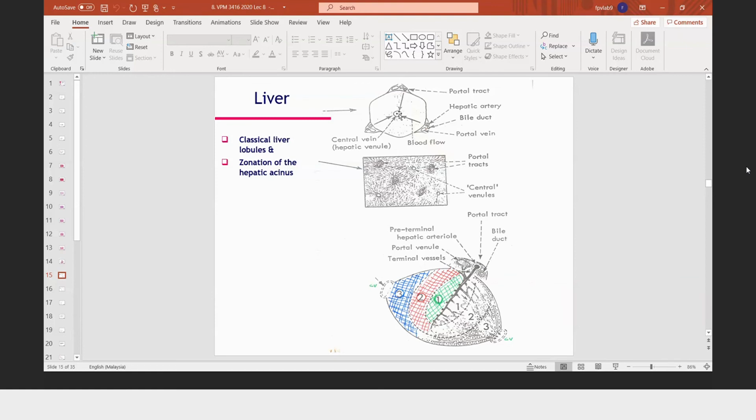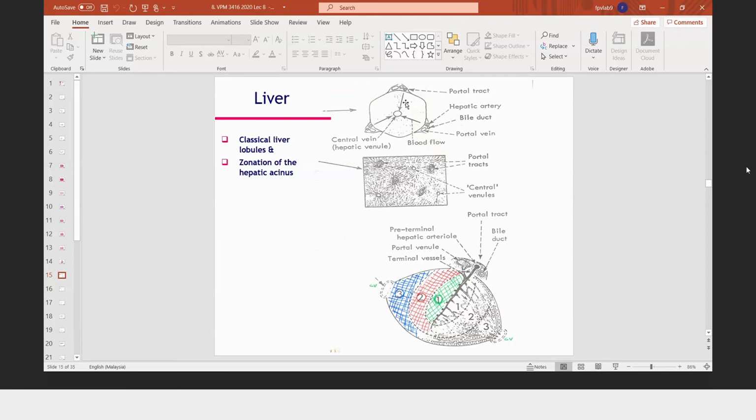In the old school of thought, the classification of the liver, they thought that the blood supply from the portal tract goes straight into the central vein. So as a result, the area close to the portal vein might have more blood supply compared with the area which is away from the portal vein.